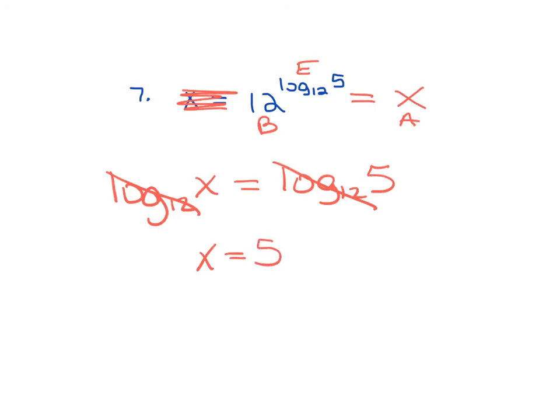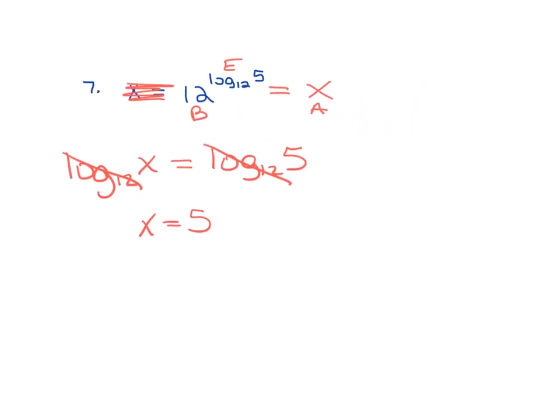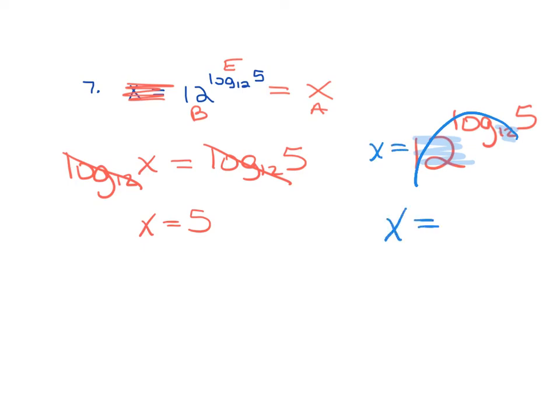Now, one of the things we're going to learn next week is whenever the base of the exponent is the same number as the base that's in your log, this is going to cancel. And we had an x in front, so then another way to solve this is just x equals 5.